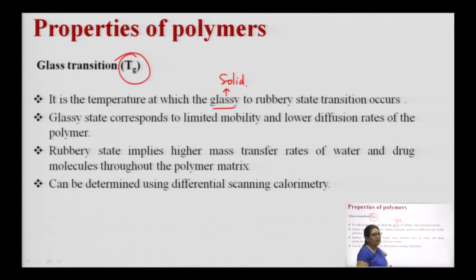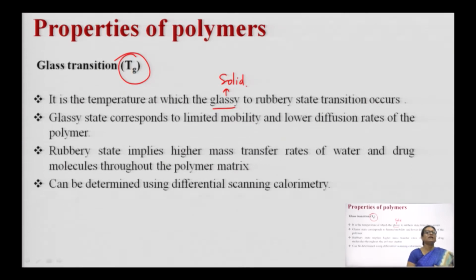When it transits from solid to rubbery state, that particular temperature is referred to as the glass transition temperature. The glassy state, because it is a solid state, has limited mobility of molecules and lower diffusion rates in the polymer, whereas the rubbery state has higher mass transfer rates of water and drug molecules throughout the polymer matrix.